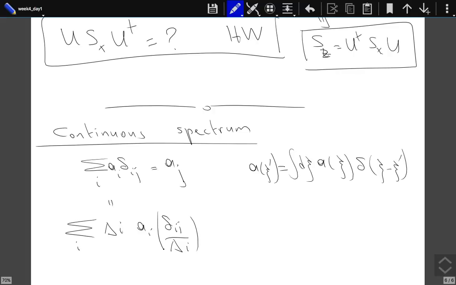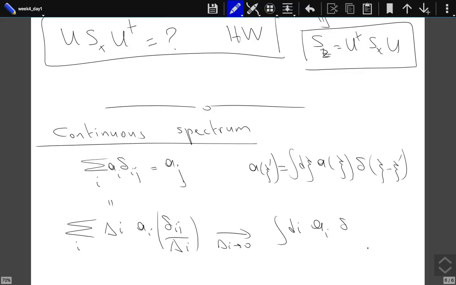So this whole thing becomes an integral as delta i goes to 0. We have an integral of, instead of i, just to be consistent with the notation, I change this integration variable to psi, of A_i times some function.